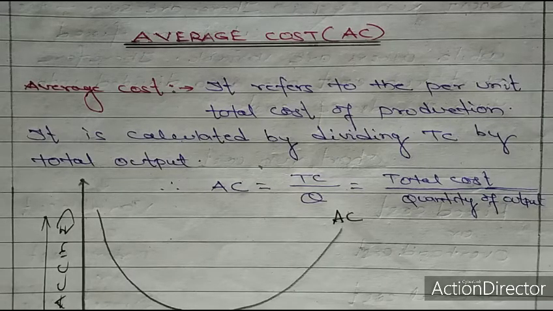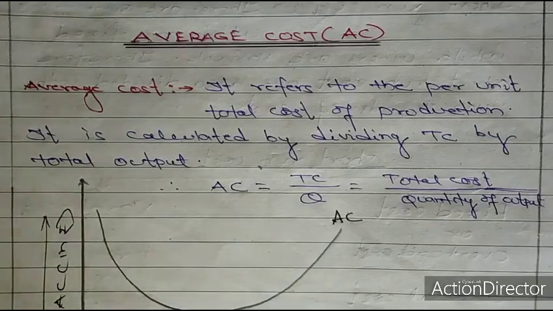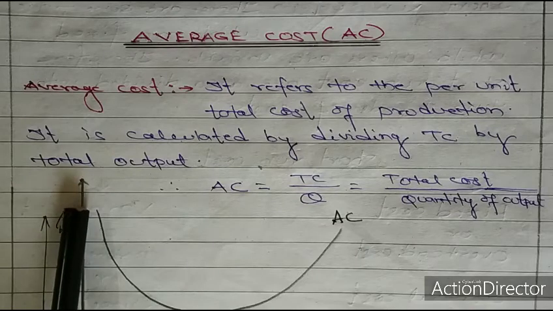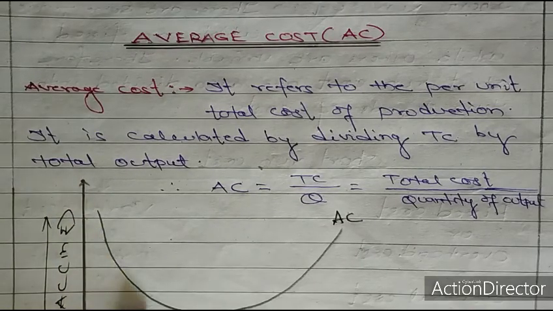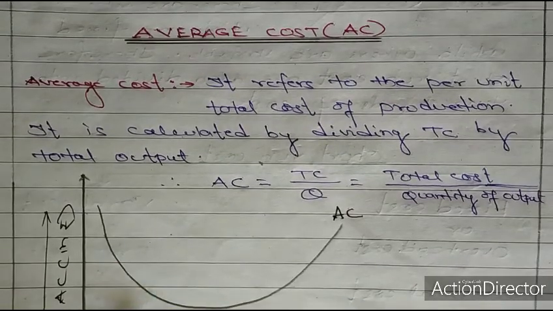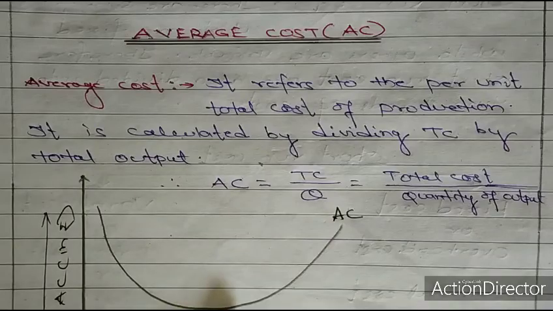Average cost is basically a U-shaped curve. On the screen, we have taken output on the x-axis and average cost on the y-axis. As output increases, initially average cost decreases, but after some time it remains the same or constant.